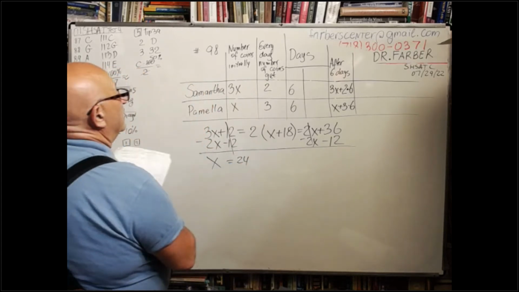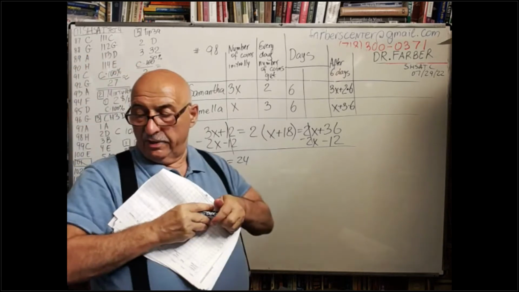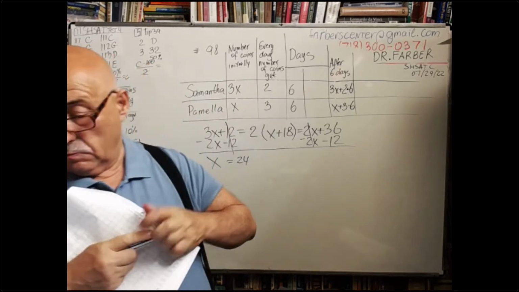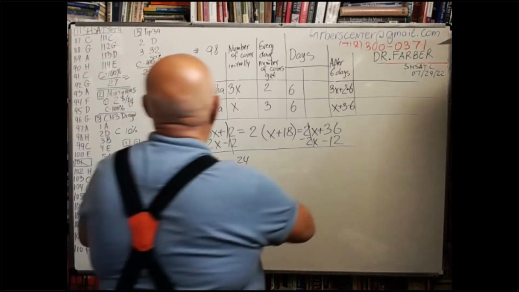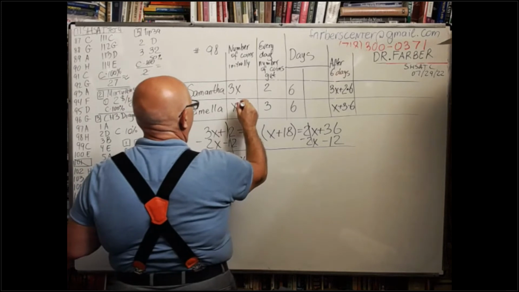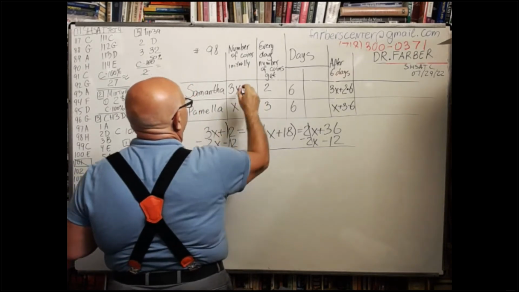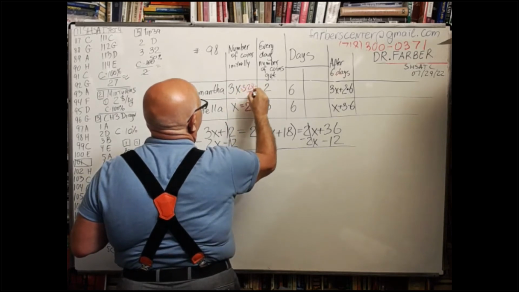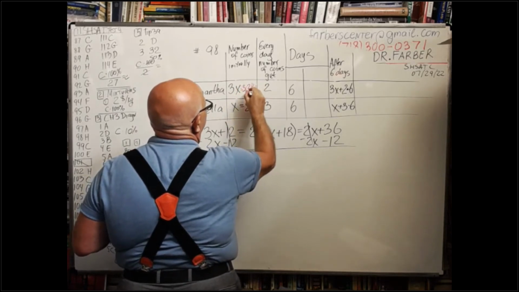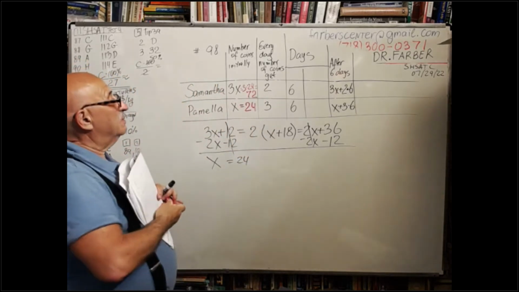So it means, if I take a different color, originally, what is X? Pamela had 24, we know right now. And Samantha equals 3 times 24, which is 72. Very good. But we do not finish.